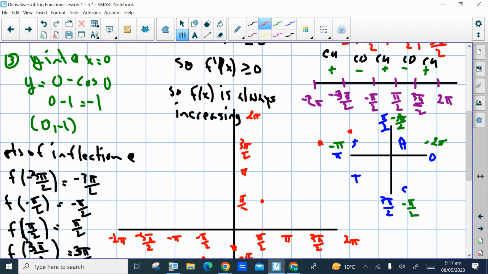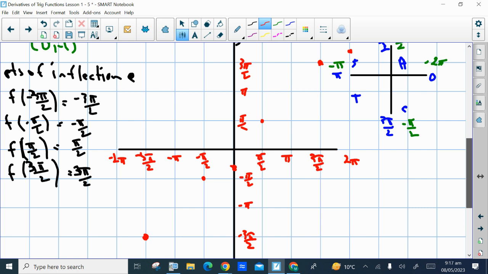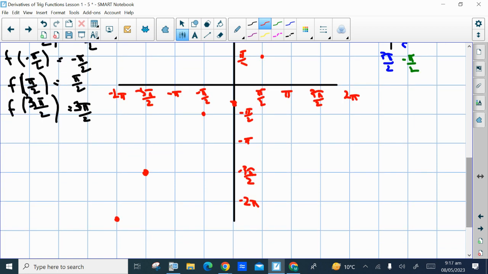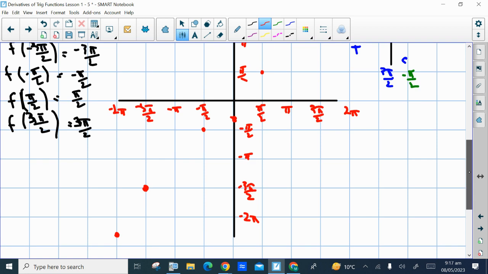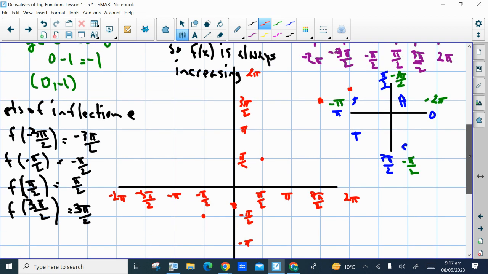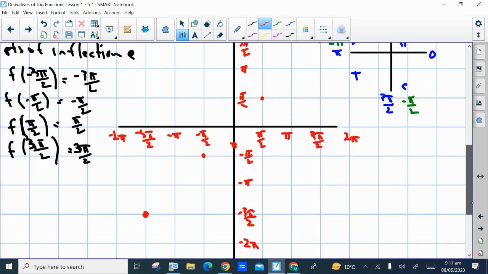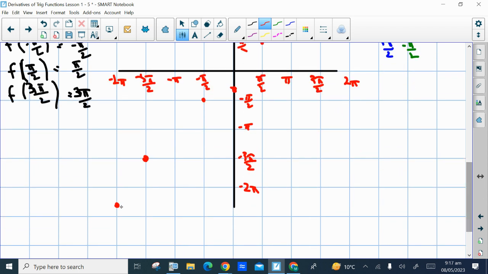In our first interval, we're concave up. And that starts from negative 2 pi to negative 3 pi on 2. We're concave up. Then there's a point of inflection, and we're concave down.